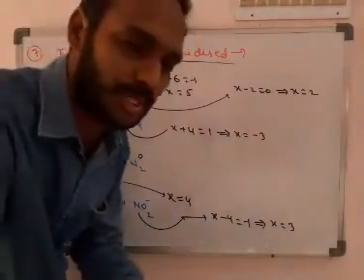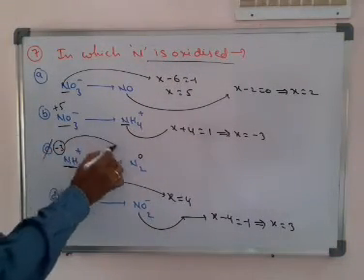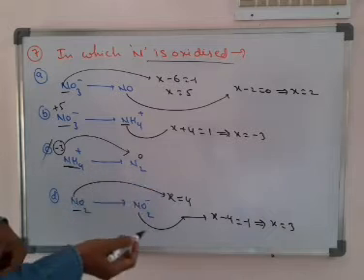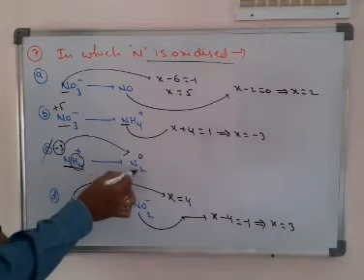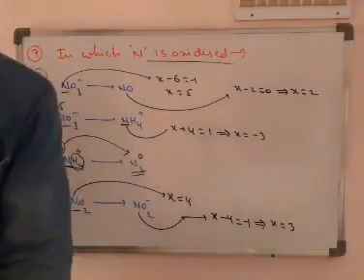Only in option C is nitrogen oxidized, because its oxidation number increases from minus 3 to 0, or in other terms it loses hydrogens, so it is oxidized. Okay, so option 3 is the correct answer.